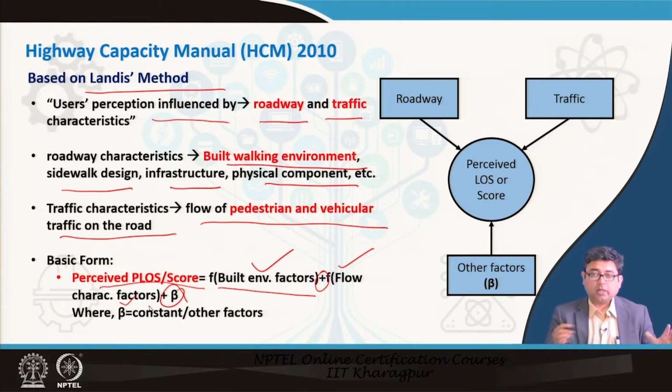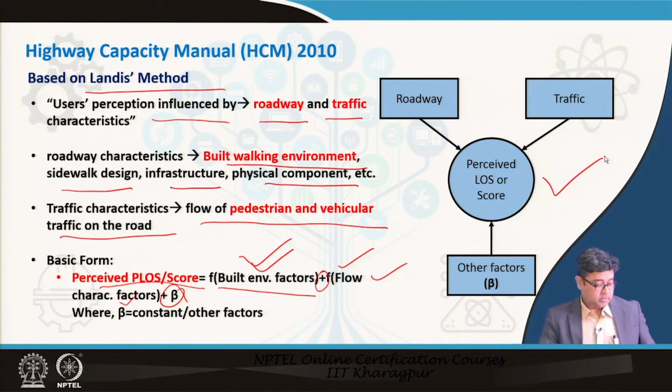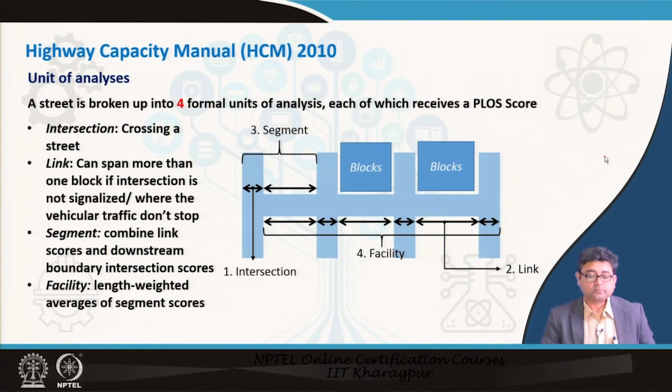So, at a gross level, it is a summation of functions of built environment factors and flow characteristic factors, and this is essentially what the diagram is also telling you.